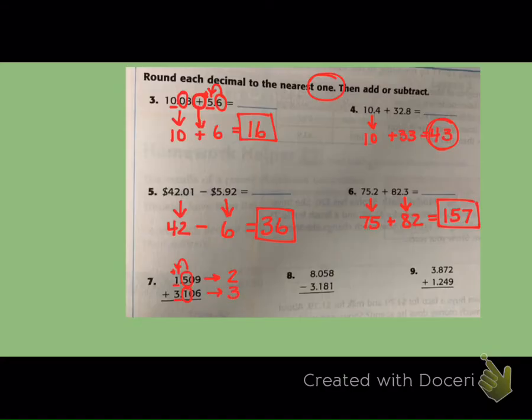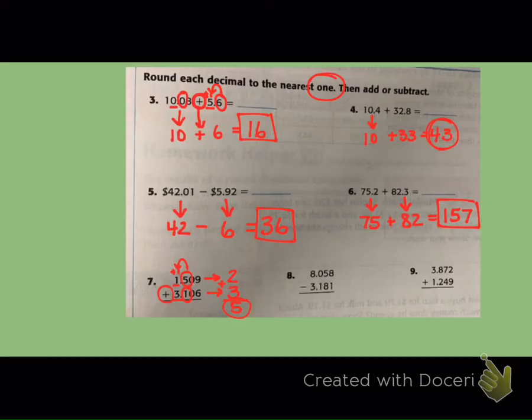That 3 still is 3. And then we're going to add. Make sure you're looking at whether you are adding or subtracting. Obviously 2 plus 3 is equal to 5. All right, go ahead and do number 8 and number 9. Pause the video and then come back for the answers.